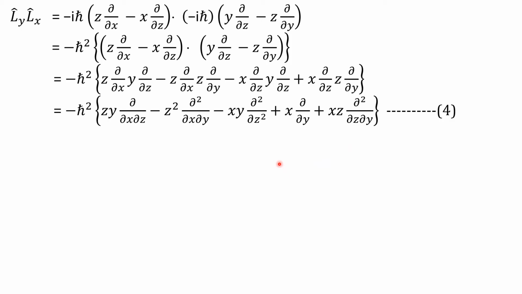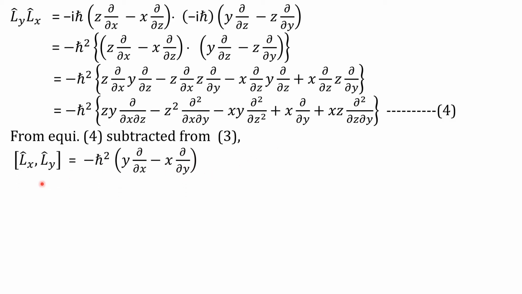Now we know equation 3 is the expansion of the Lx Ly term and equation 4 is the expansion of Ly Lx. Therefore, for the commutation bracket, if we subtract equation 4 from equation 3, we get the commutation bracket [Lx, Ly] equal to minus h cross square into the bracket y ∂/∂x minus x ∂/∂y.